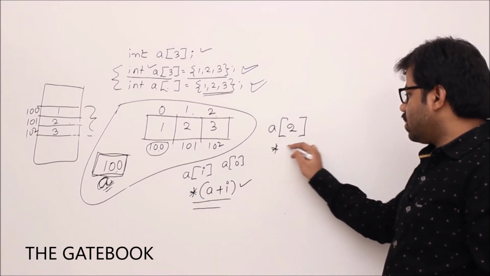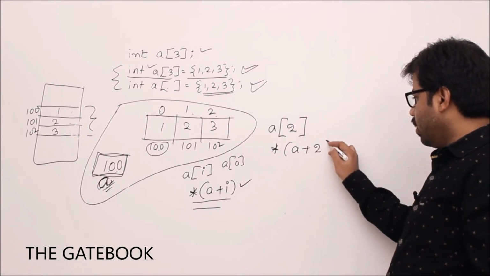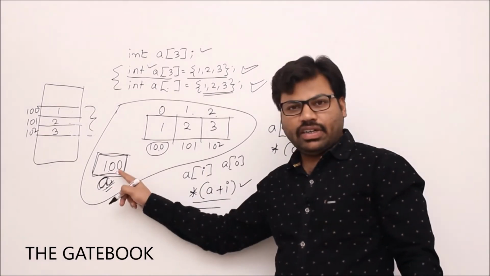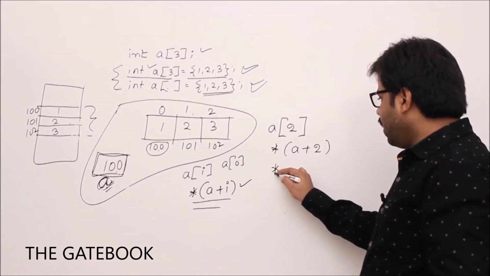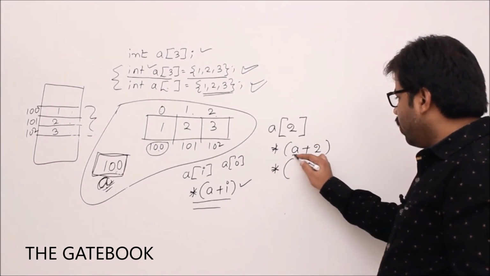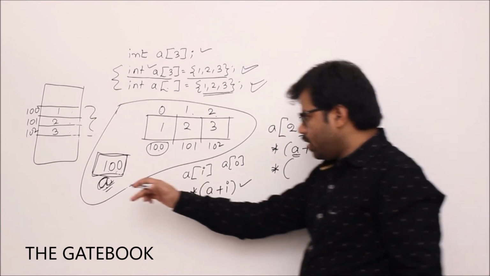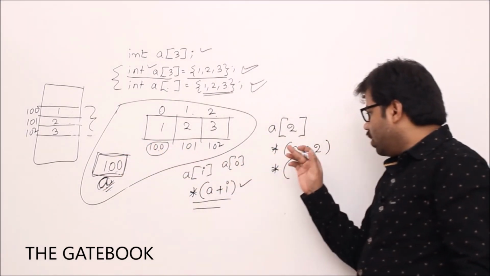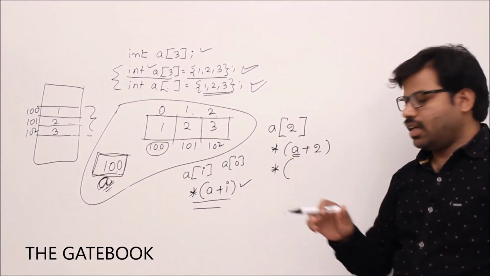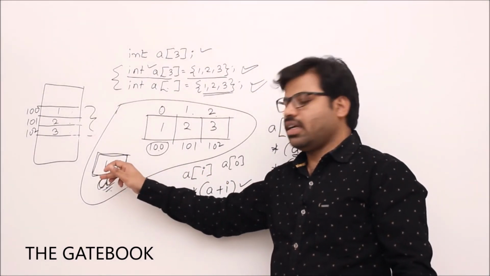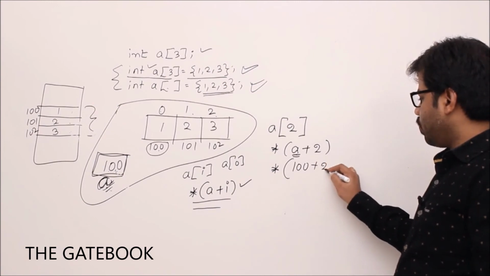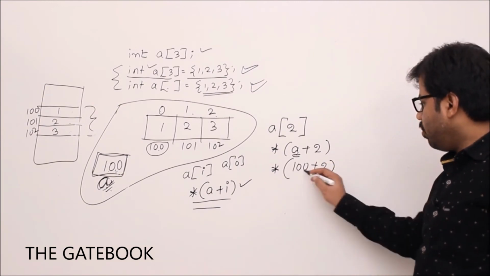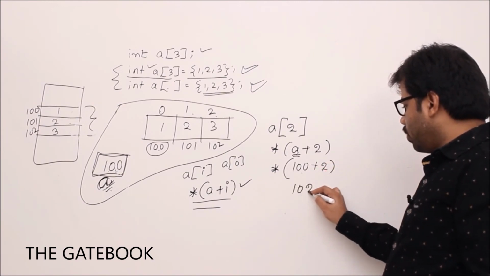So this is nothing but *(a + 2), correct? Since a is an integer pointer, it behaves like an integer pointer. It will be like star, what is a? Already I told you, whenever you have a pointer or any variable, the content of a is needed. The content of a is nothing but the starting address of the array. That's why it will be 100. 100 plus 2 will become what? 102, correct?